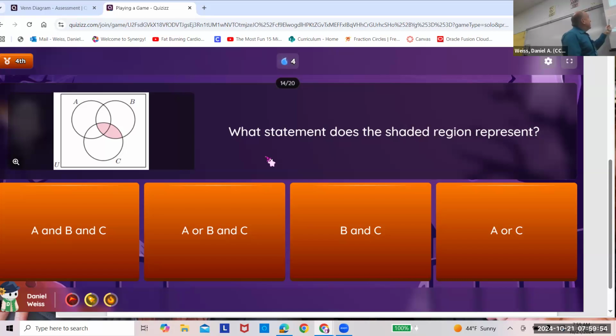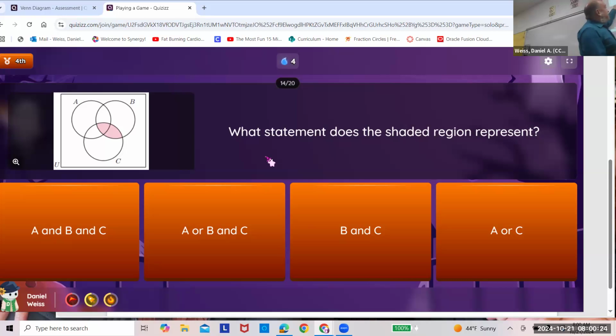This is not right. A and B and C would just be this little piece in the middle here. So that's not right. Either A or B and C would include all of A. So that's no good.